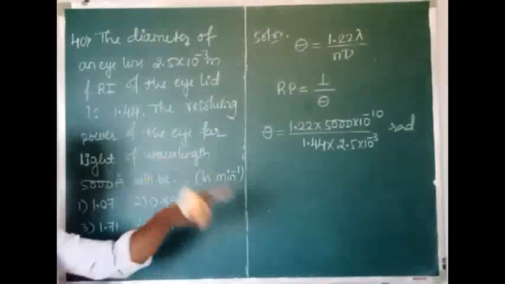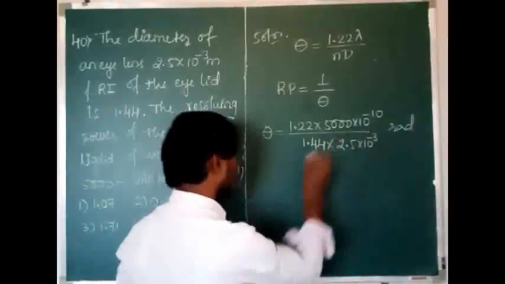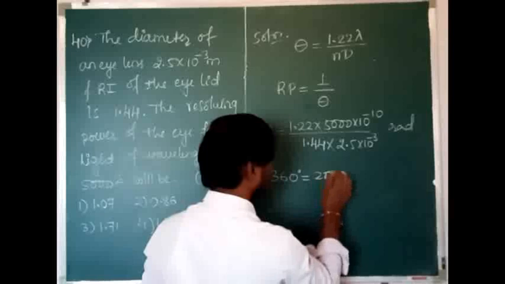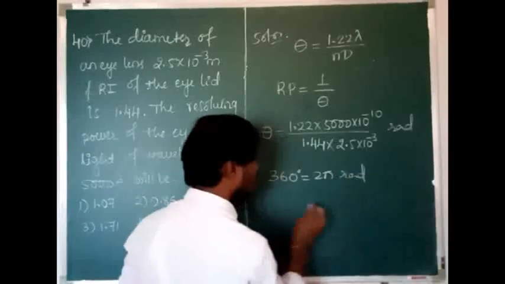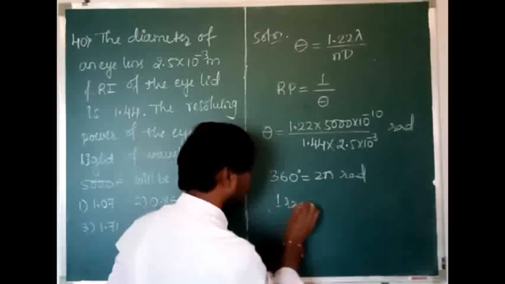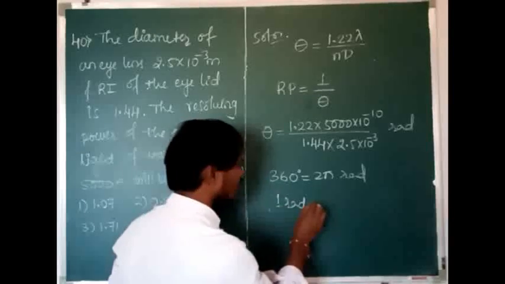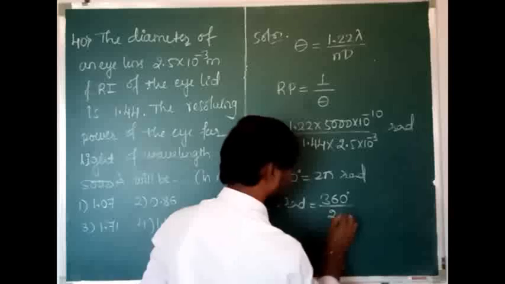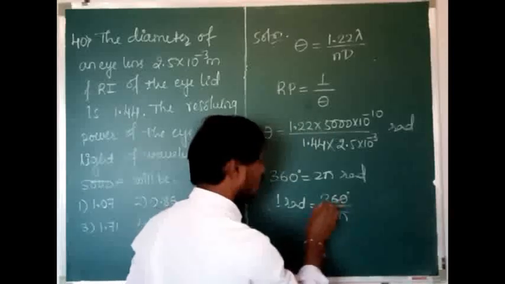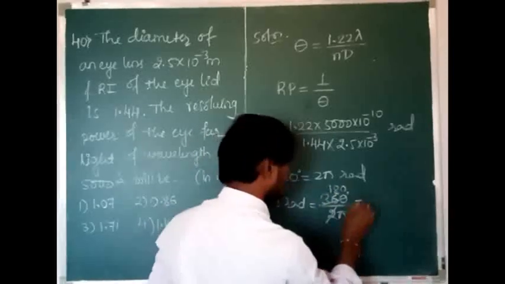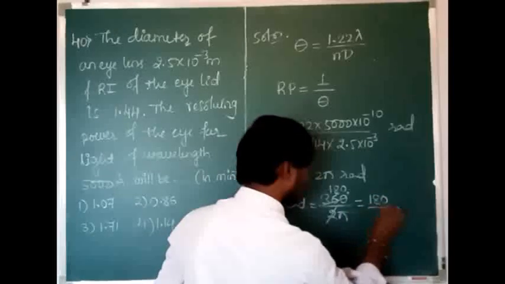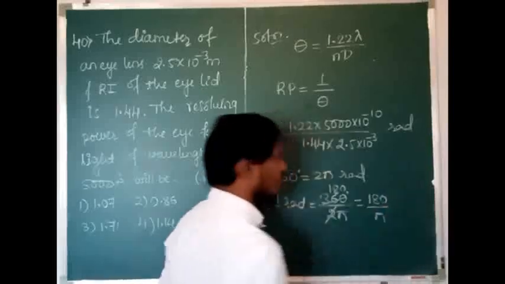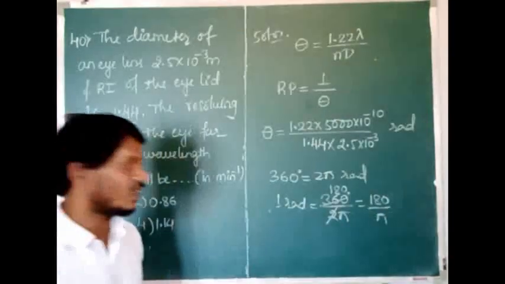We have to convert this to minute. Listen, 360 degree means 2 pi radian. Then 1 radian is equal to 360 degree divided by 2 pi, that is 180 by pi degree.